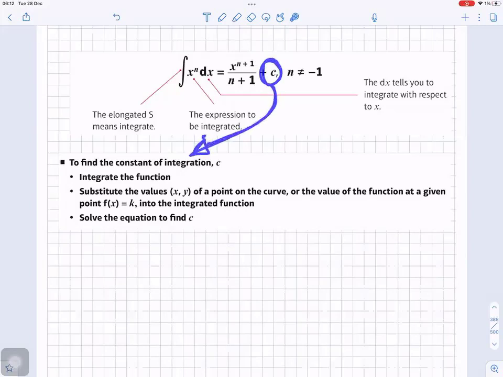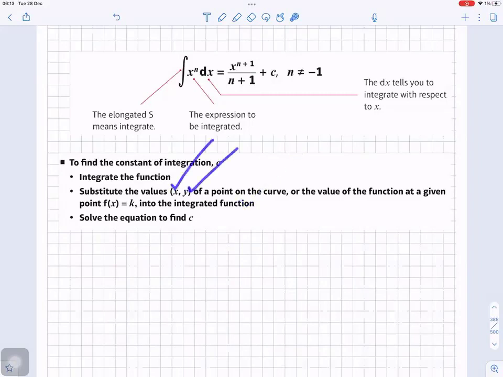And this is how we find c after you integrate. To find the constant of integration c: number 1, integrate the function to get the integral. Number 2, substitute the value of x and y of a point on the curve, or the value of the function at a given point, into the integrated function.